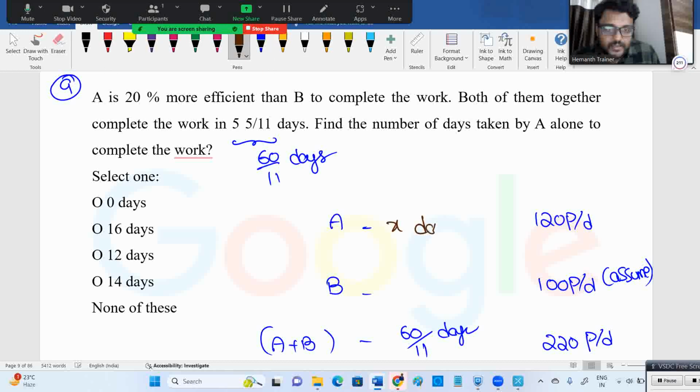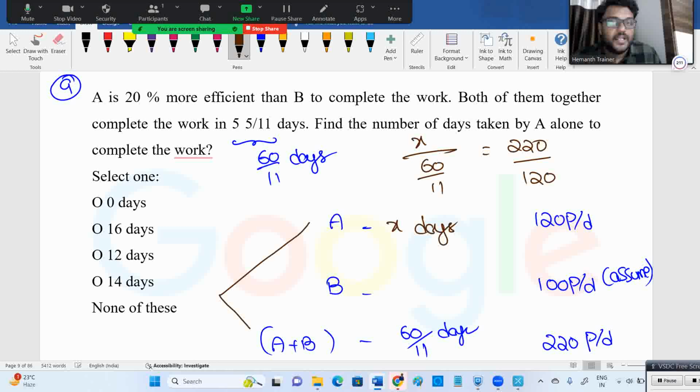So guys, again, if you are a more efficient candidate, you should complete the work in less time. So here A plus B efficiency is more, time is less. A's efficiency is less, time should be more. Now we have to go with an inverse relationship. X divided by 60 by 11 is 220 by 120, inversely related. Time and efficiency are inversely related.